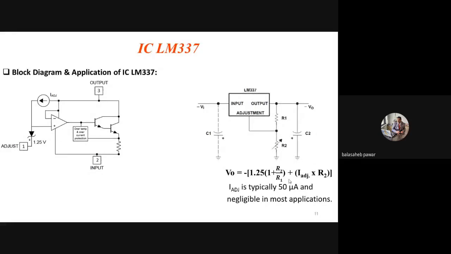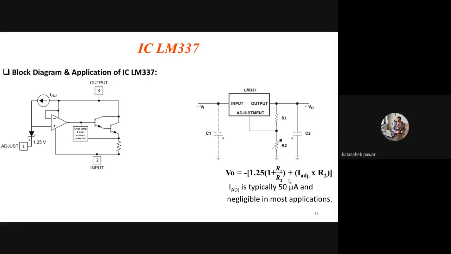But in your exam, if the question is asked, for the shown regulator circuit determine the output voltage, and if the adjustable current is mentioned, then you have to consider this second term. Don't neglect it. That is my advice.